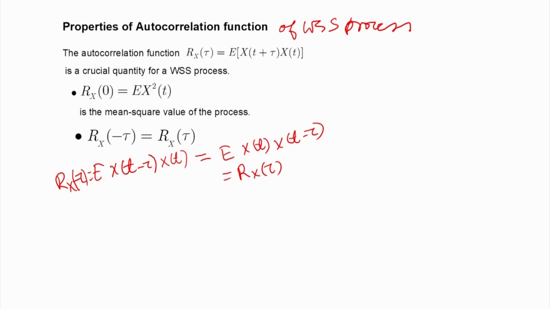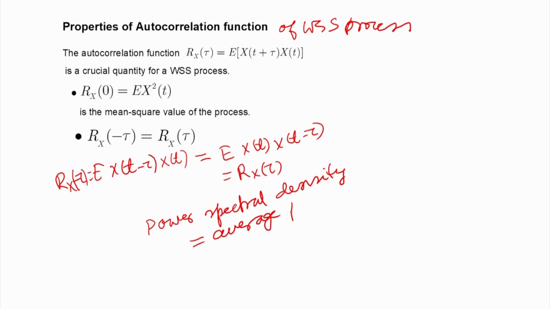You can consult any random process book, where it is shown that there is this power spectral density, which is the average power per frequency, and this is the Fourier transform of the autocorrelation function.